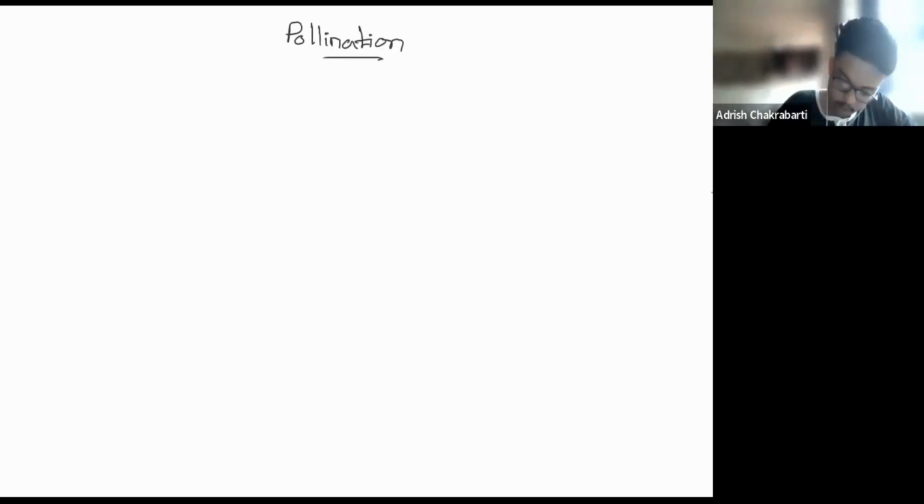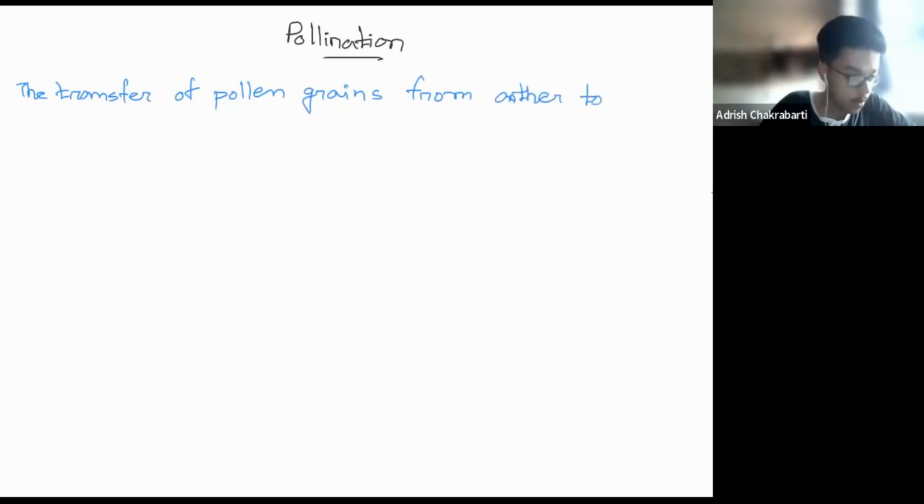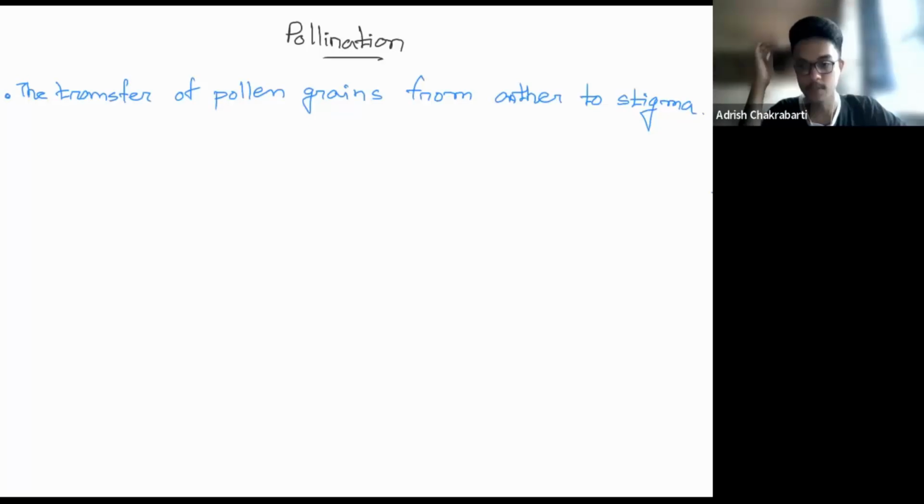First, let me write the definition of pollination: the transfer of pollen grains from anther to stigma is known as pollination. So the first point about pollination is that it is a transfer of pollen grains from anther to the stigmatic surface.